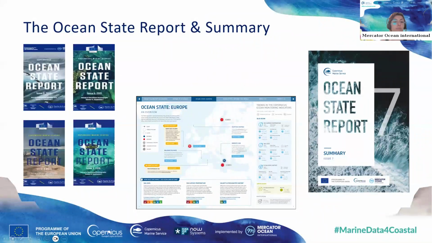Besides data, we also provide information, and one of the ways we do that is by publishing a yearly report on the state of the ocean, and we also provide an Ocean State Report Summary, where we target more policy makers, the media or just the general public.